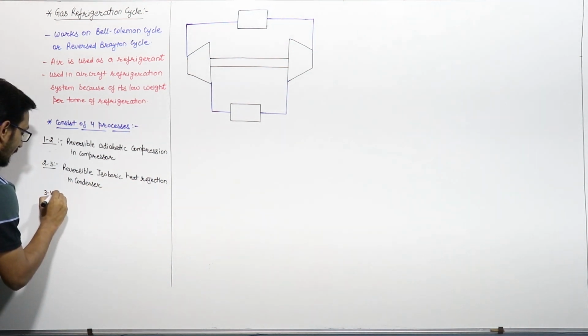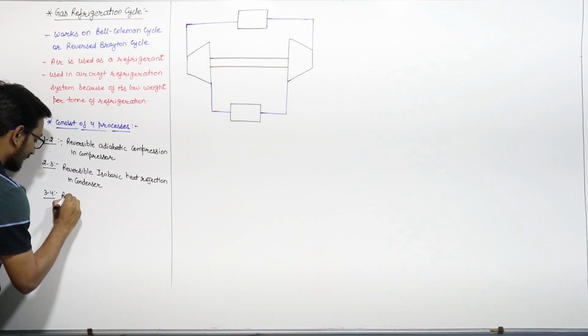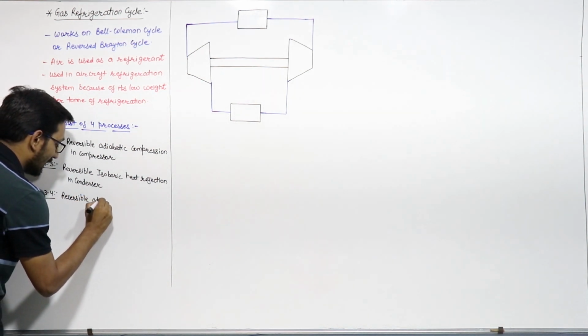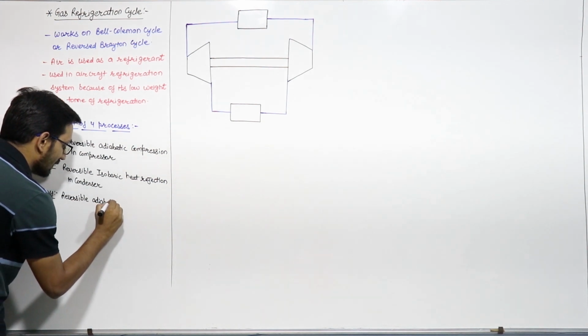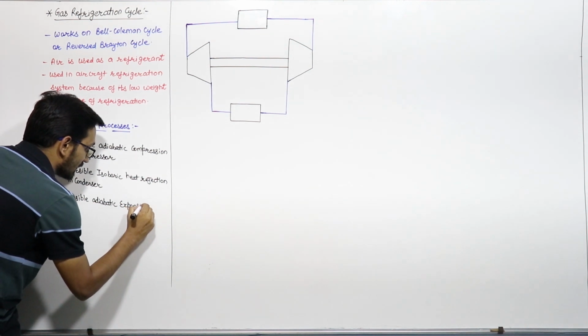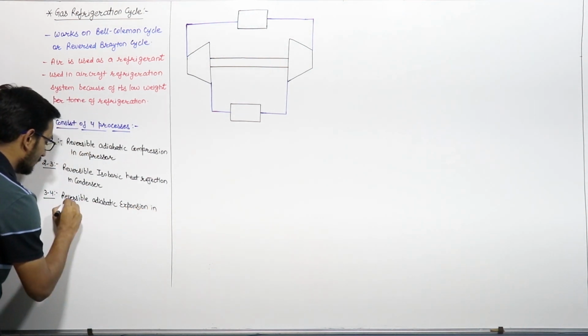Next, 3 to 4 is reversible adiabatic expansion in the turbine.